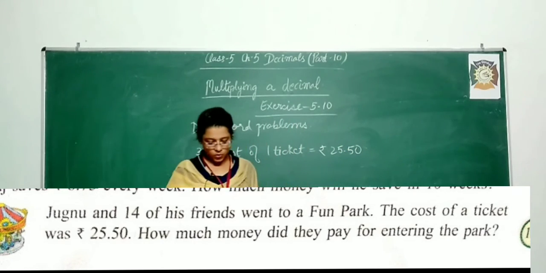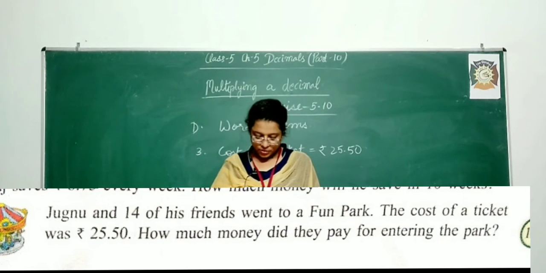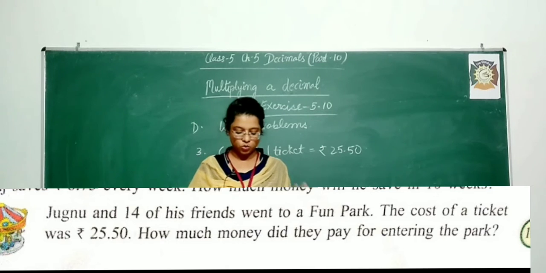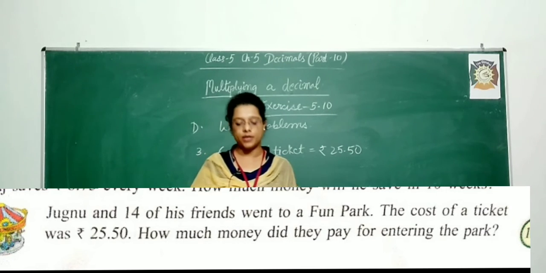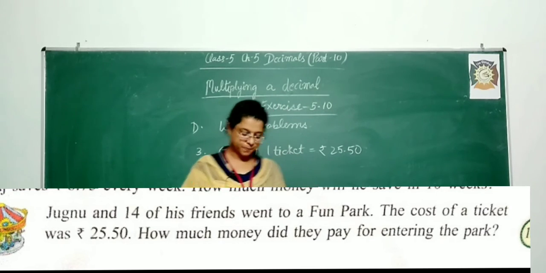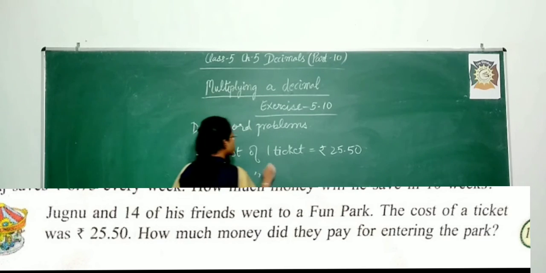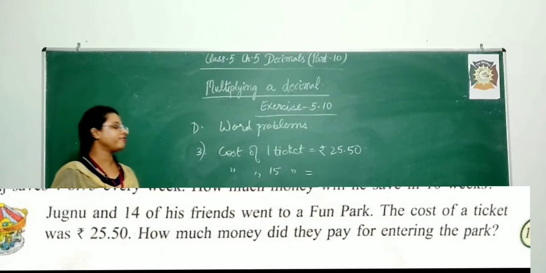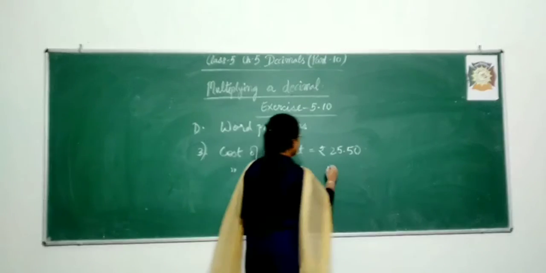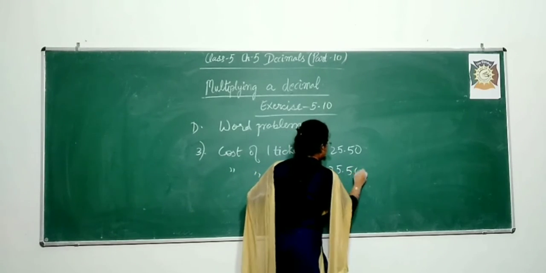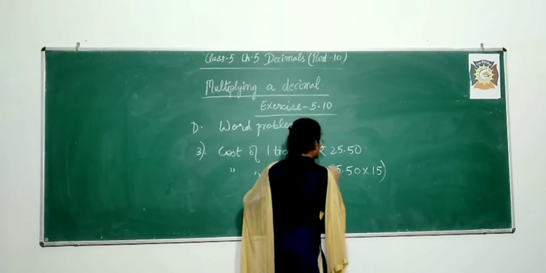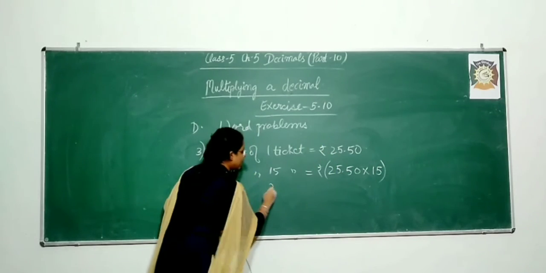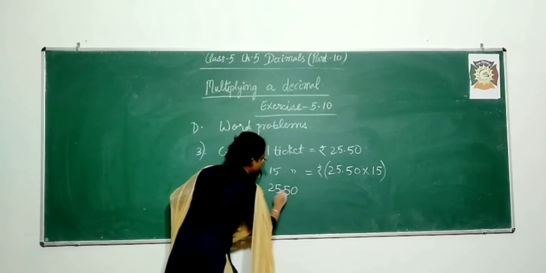You have to find the cost of 15 friends because there are 15 total. Jugnu and 14 of his friends have gone to this fun park. So, cost of 15 tickets will be obtained by multiplying 25.5 with 15. So, let's multiply these like this to obtain your answer.